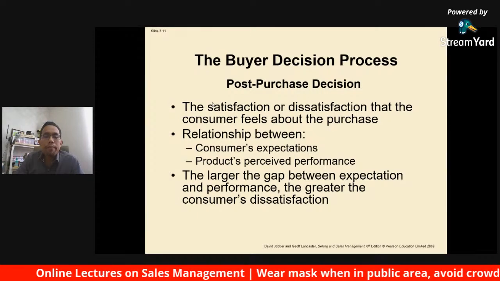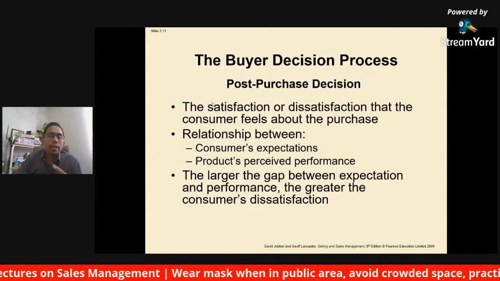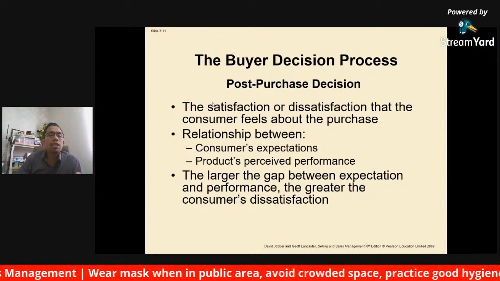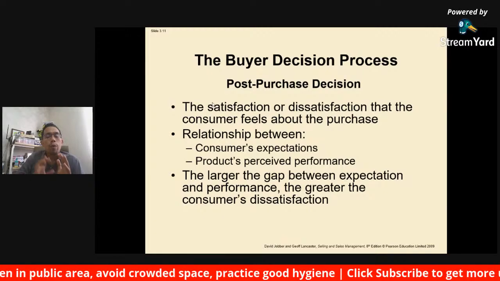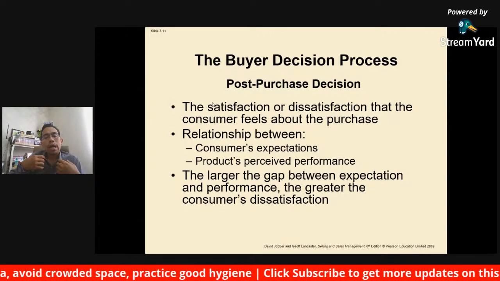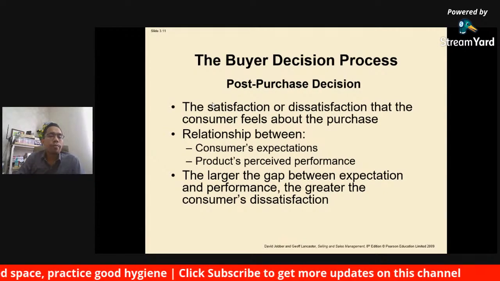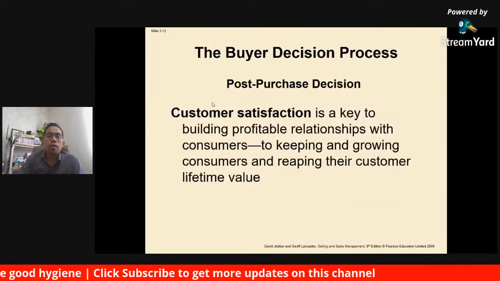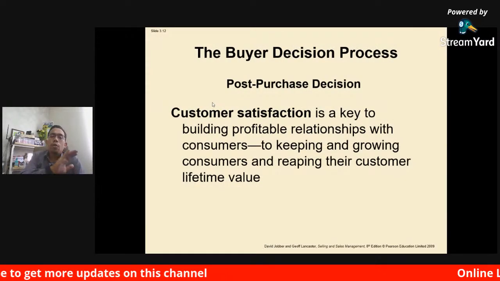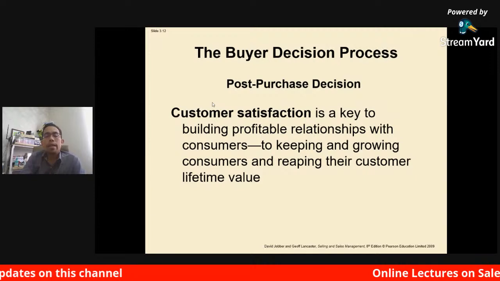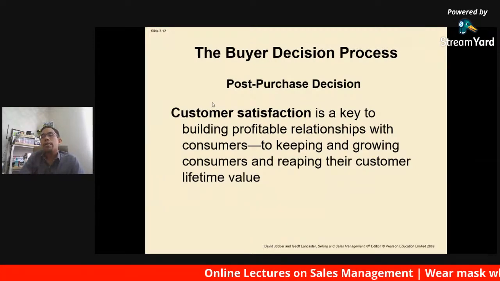So the larger the gap between your expectation and the performance, the greater the dissatisfaction the consumer will show. Customer satisfaction determines whether they will make a repeat purchase or not.